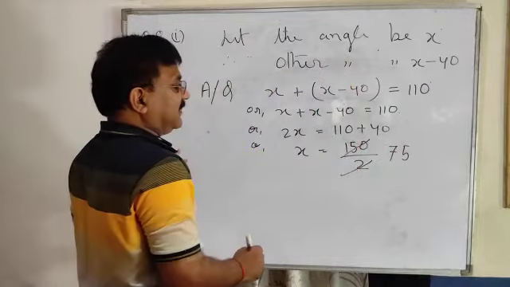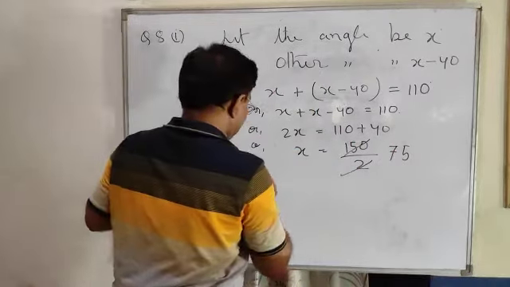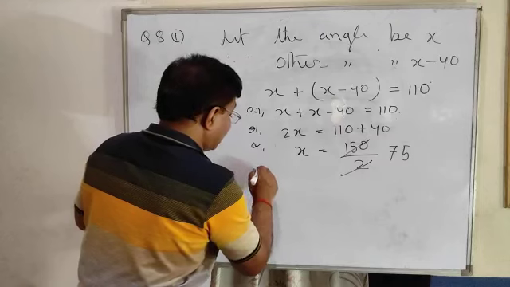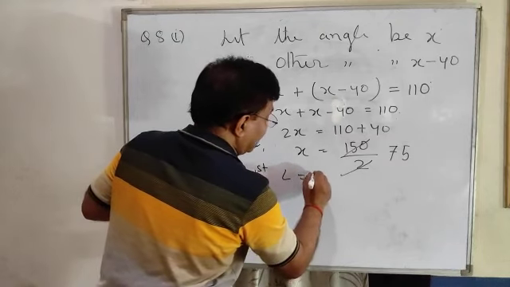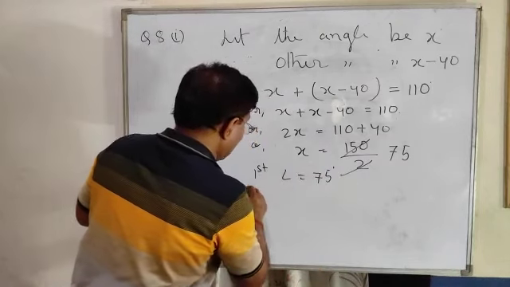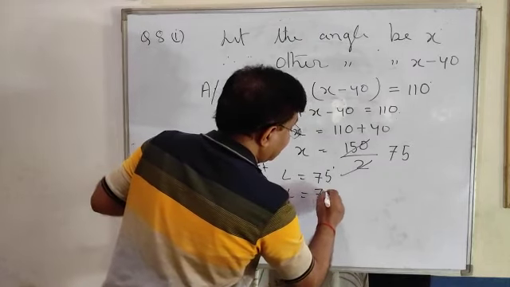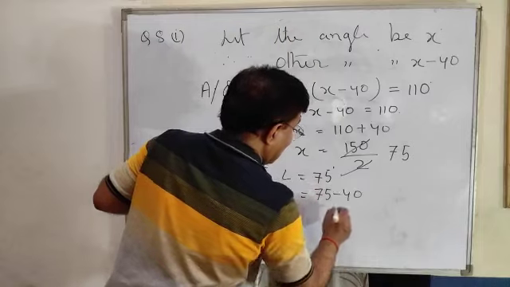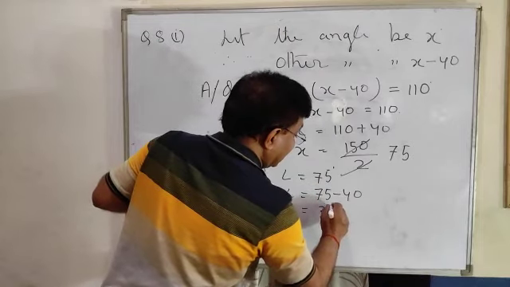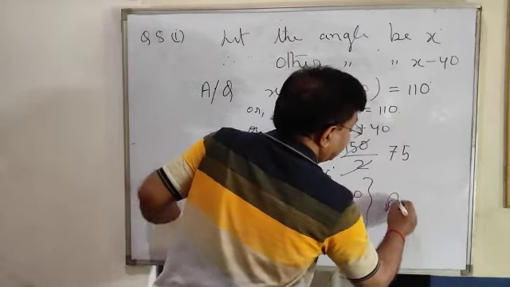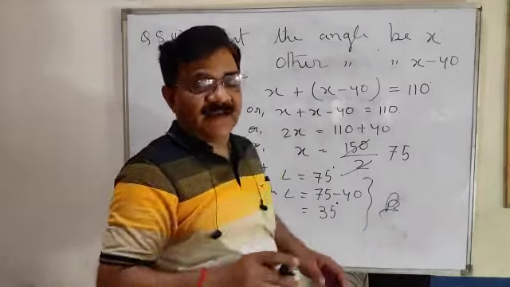One of the angles, the first angle, will be 75 degrees, the other angle 75 minus 40 degrees, and it is 35 degrees. So this is the answer. So this part is clear.